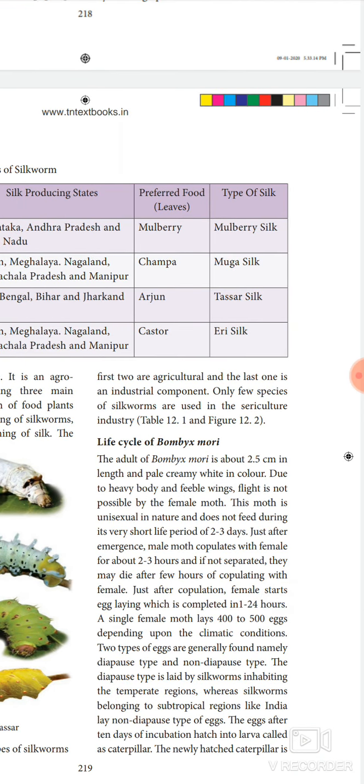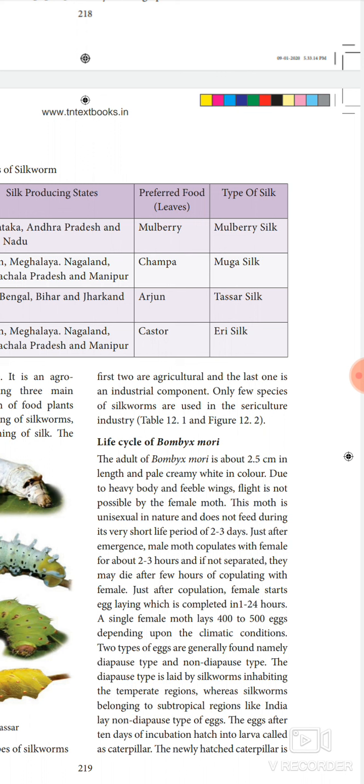The adult is about 2.5 cm in length and pale creamy in color. After the female mates with the male, if they do not separate, they will die. A single female produces 400 to 500 eggs depending upon the climatic condition. These are the major points in the life cycle of Bombyx mori.